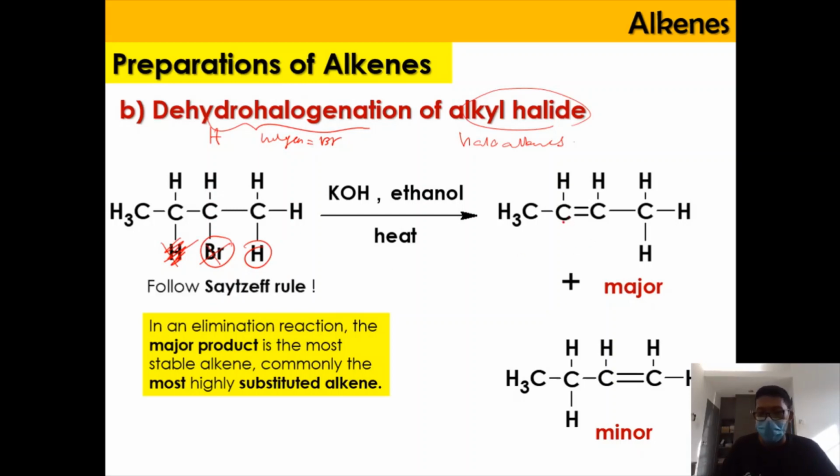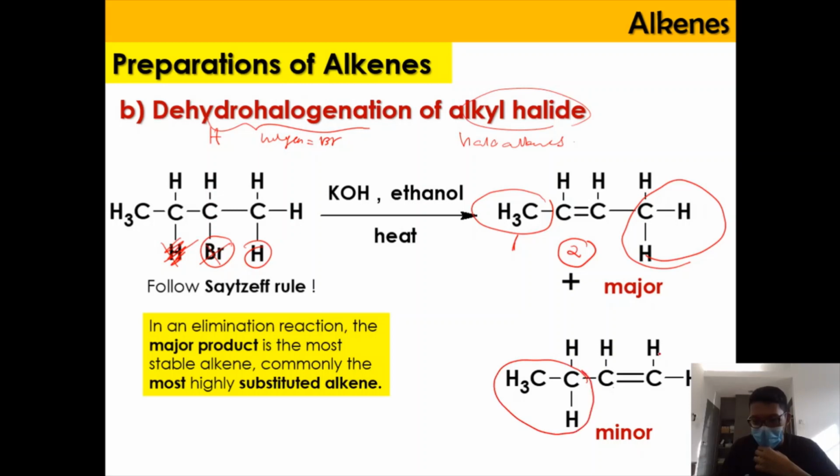So this carbon here is attached to one methyl group, and here there are two methyl groups. However, in this case, the carbon-carbon double bond will only attach to one methyl group here. So this is the more stable and therefore becomes the major product.